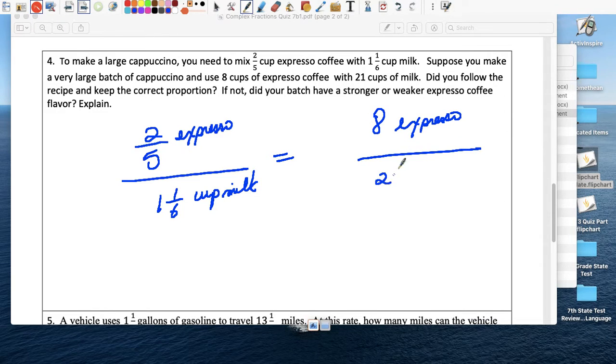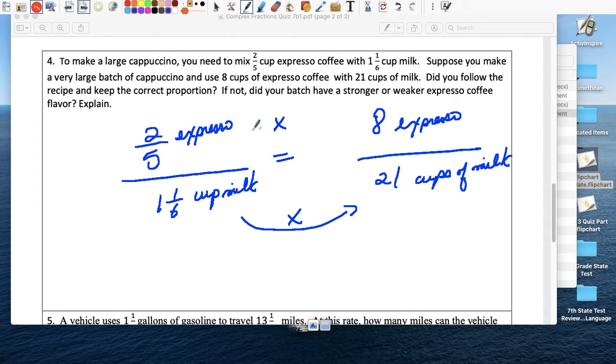And you use 21 cups of milk. What's the ratio? What's the proportion, right?